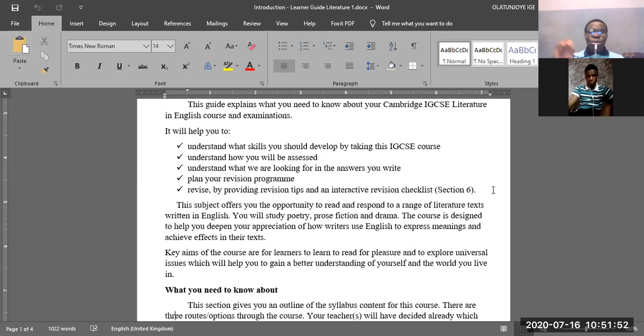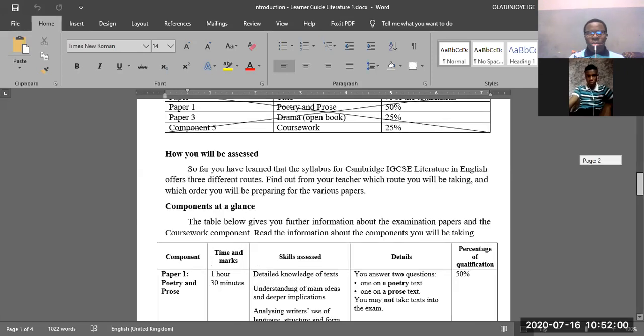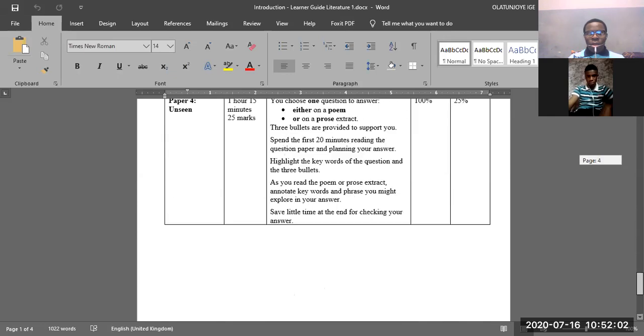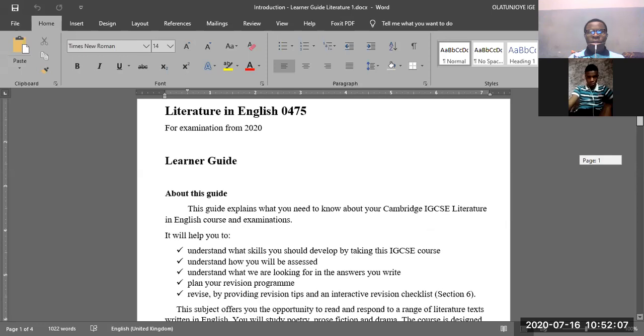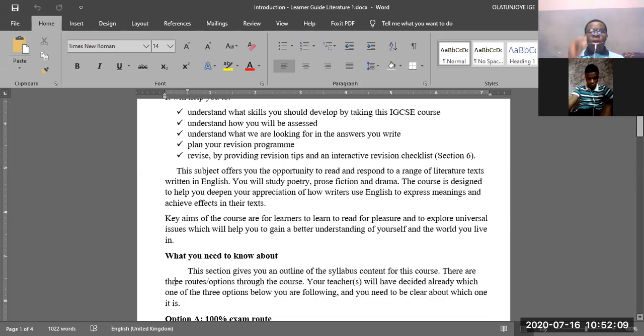Today, we are only going to talk about the first bullet, which is to understand what skills you should develop while taking this exam.